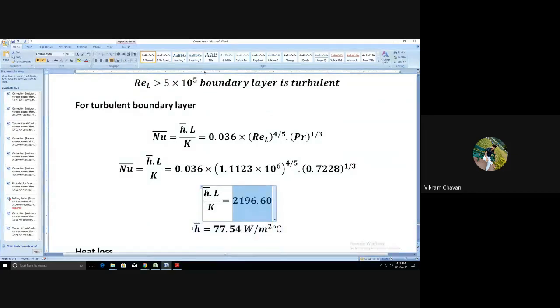My answer is 77.54. Whether it is right or wrong, please check.